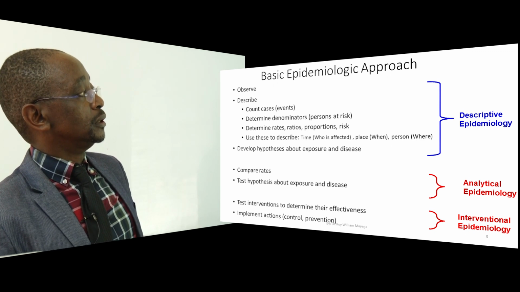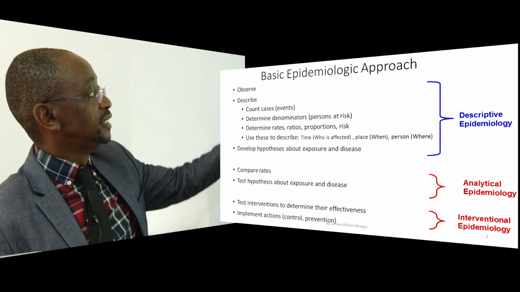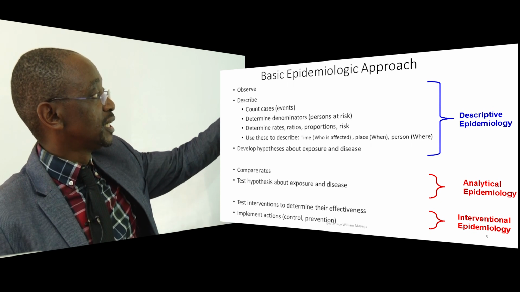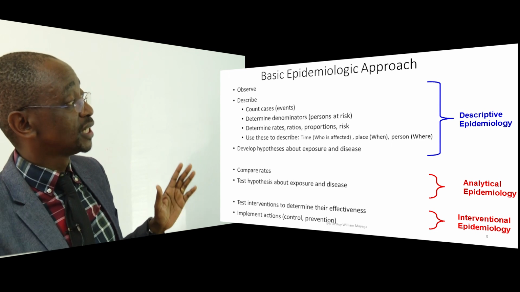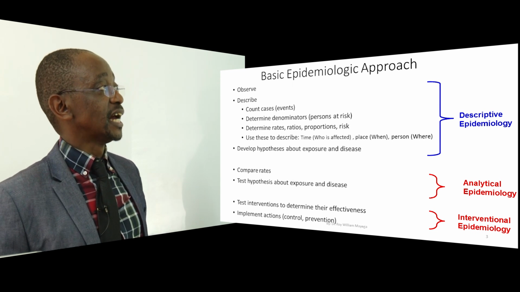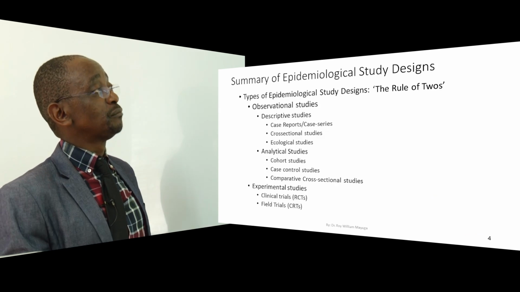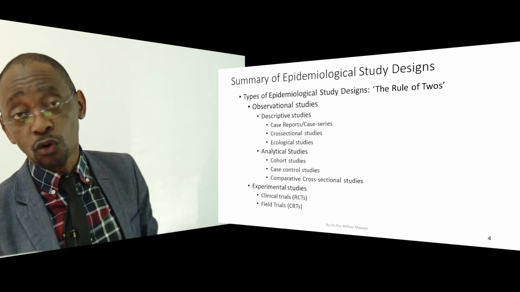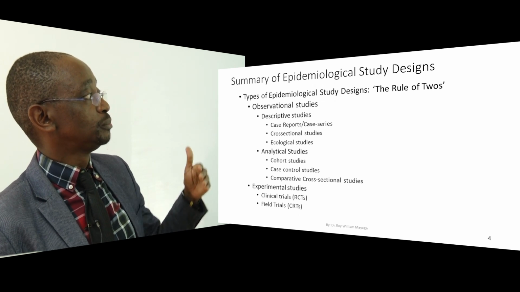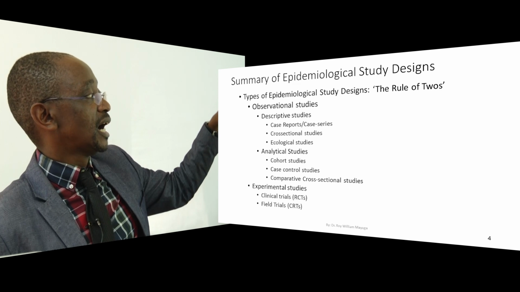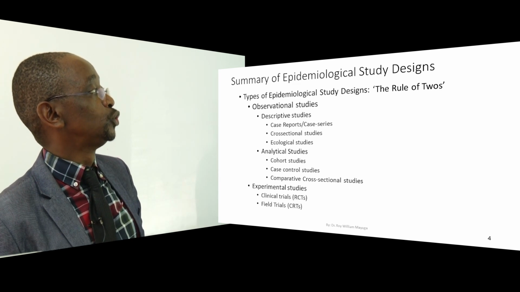So, to conduct the studies that help us to determine these different parameters in epidemiology, we use epidemiological study designs. This is a summary of the different types of epidemiological study designs, and you could use the rule of twos because a lot of it is organized in levels of two.